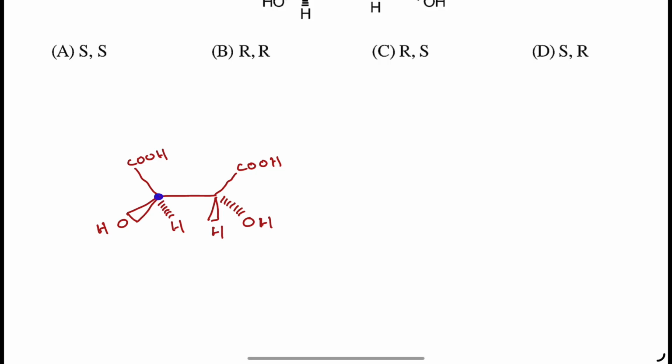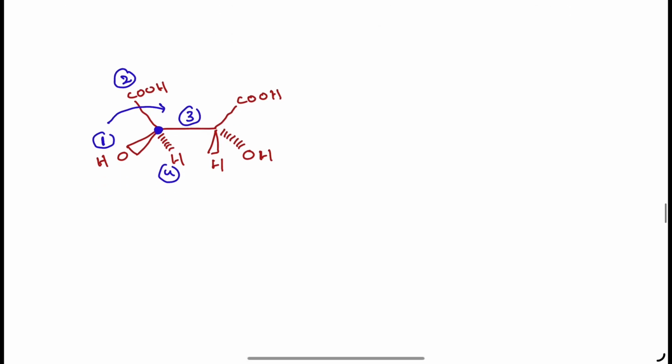This is one chiral center, OH gets first priority, considering CIP rules. COOH gets second priority, and this bulky group gets third priority. Hydrogen gets fourth priority. Here the fourth priority, hydrogen, is at the correct position. You are moving in clockwise direction, so at this carbon the configuration is R.